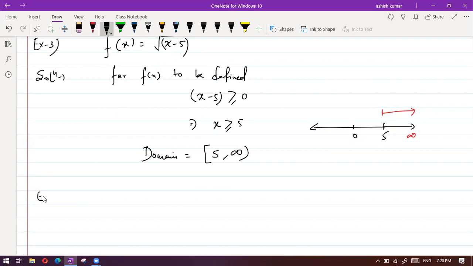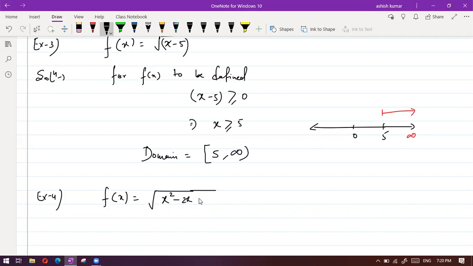Yes, sir. Okay, let's say example number 4. I'm just taking a basic example, then we'll move to the bigger questions. Suppose the question is written here: f(x) is equal to root over x square minus 2x minus 63. I'm giving an easy one only.